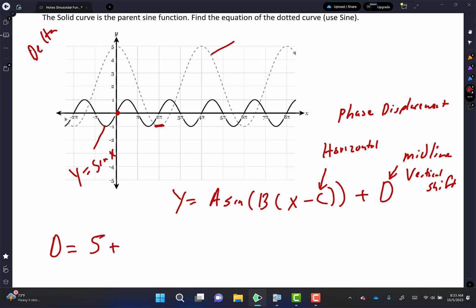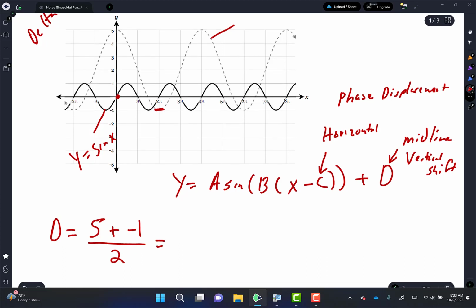What's my low y value? -1. And I divide that by 2. 5 plus -1 is 4. And 4 divided by 2 is 2. So that's your midline.